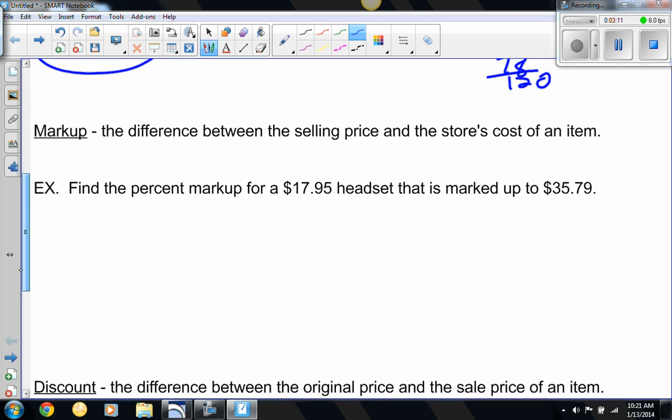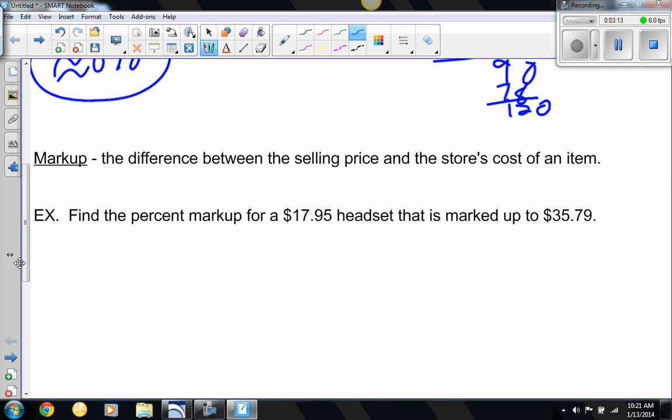We're still going to use that same little formula. So find the percent markup for a $17.95 headset that is marked up to $35.79. So they're saying that the store bought it for this, and they sold it to us for that. So we have to find out first what the amount of change is. $17.95.